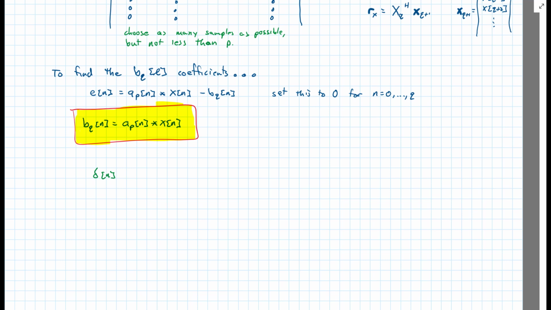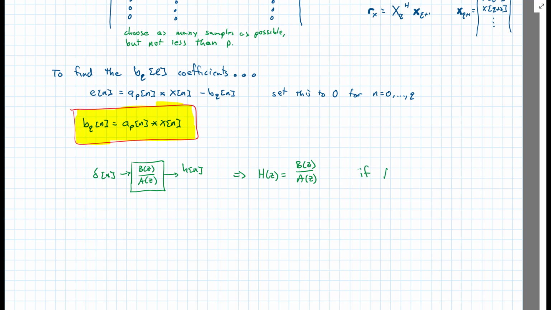If we have delta of n going into some filter with feed forward and feedback portions, giving us h of n, let's just do it this way. h of z is now equal to b of z over a of z.